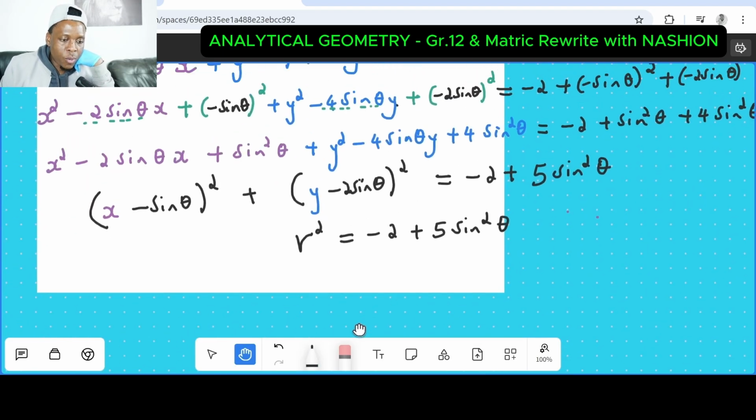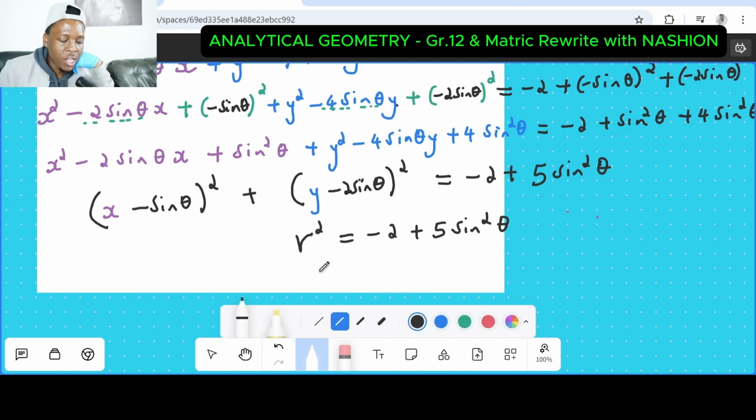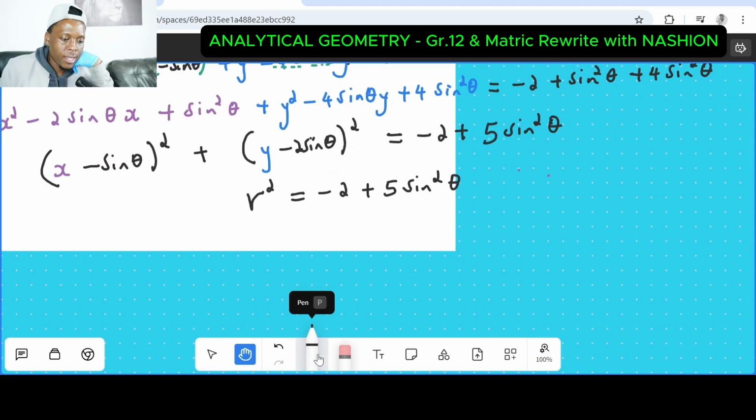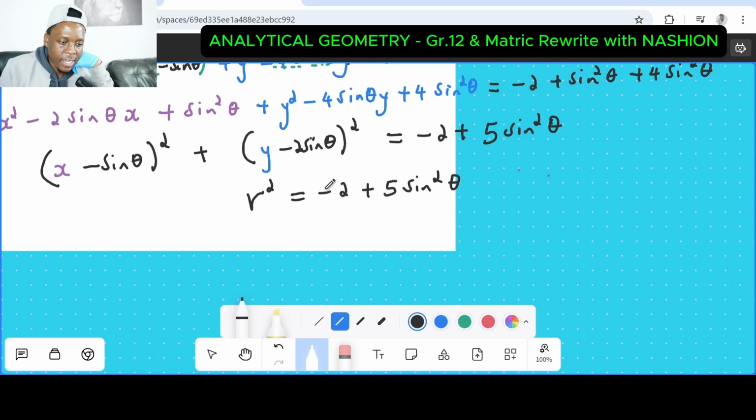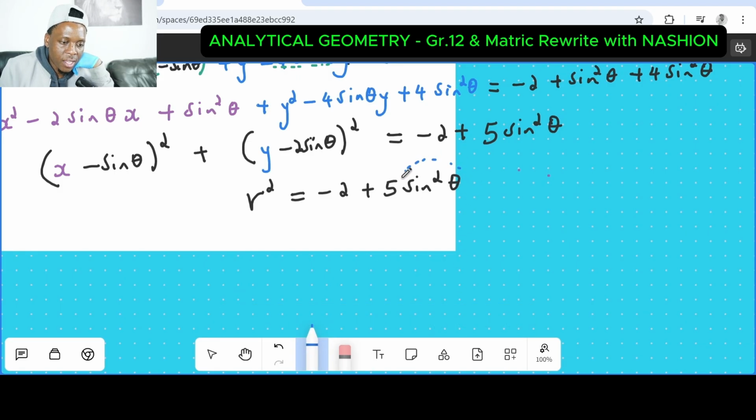Guys, under normal circumstances, you will remember that if we are finding the radius and we have r squared, we just write the square root of whatever is on the right hand side. But the challenge we have here is that the right hand side is not a real number. Yes, negative 2 is fine, but this part right here, sine squared theta, we wish it was a number.